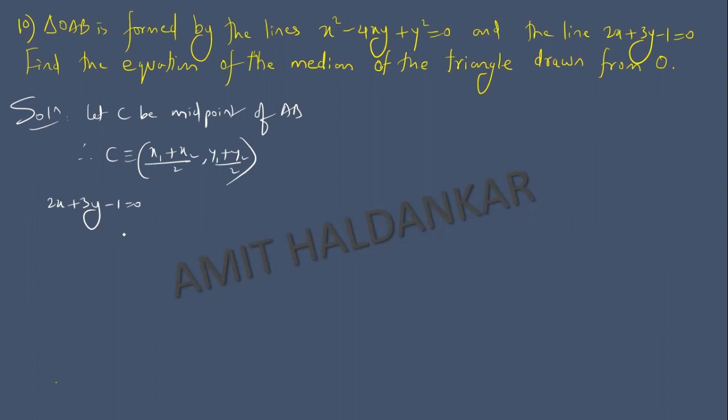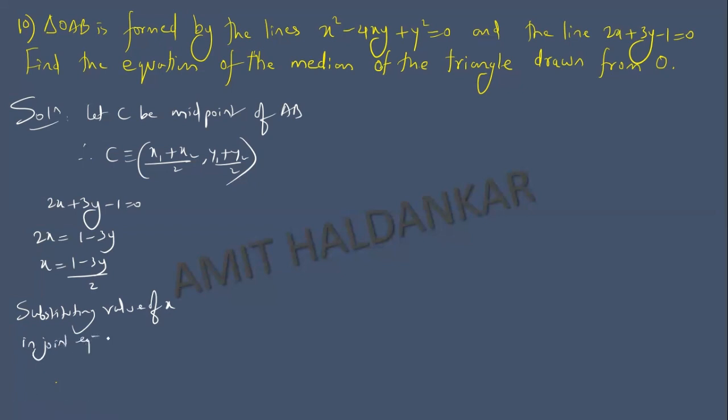So I'll substitute x. So 2x is equal to 1 minus 3y. So x is 1 minus 3y upon 2. I'll substitute this value, substituting the value of x in the joint equation.